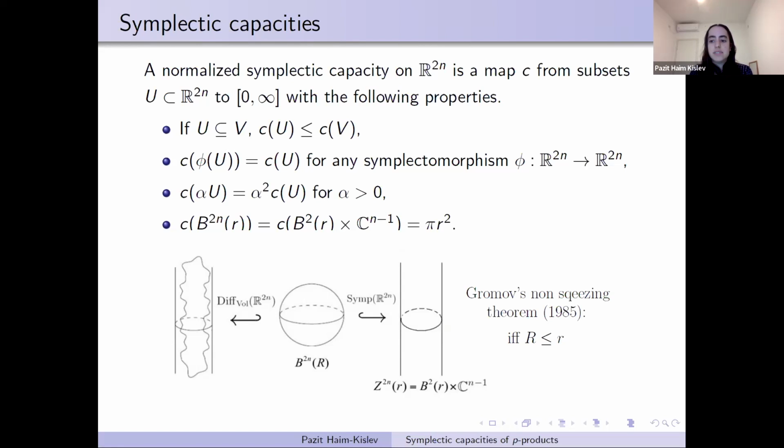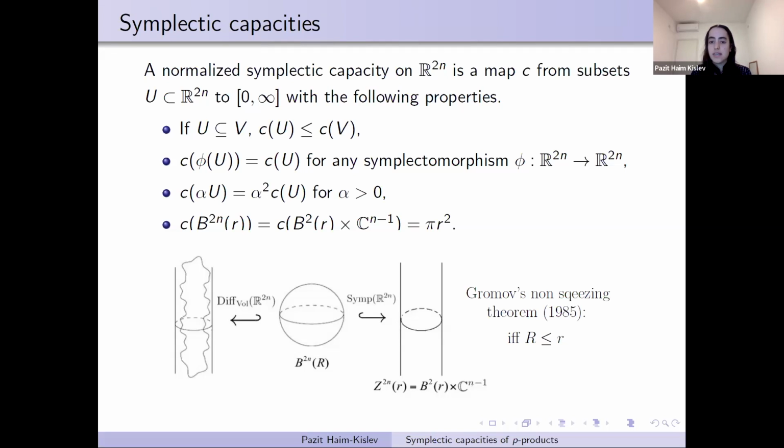Well, the first is if U is contained in V, we want its size to be smaller. We want it to be invariant under symplectic diffeomorphisms. We want it to be homogeneous with respect to multiplying omega, the symplectic form. And we want the capacity of the ball and the cylinder with the same radius to be equal.